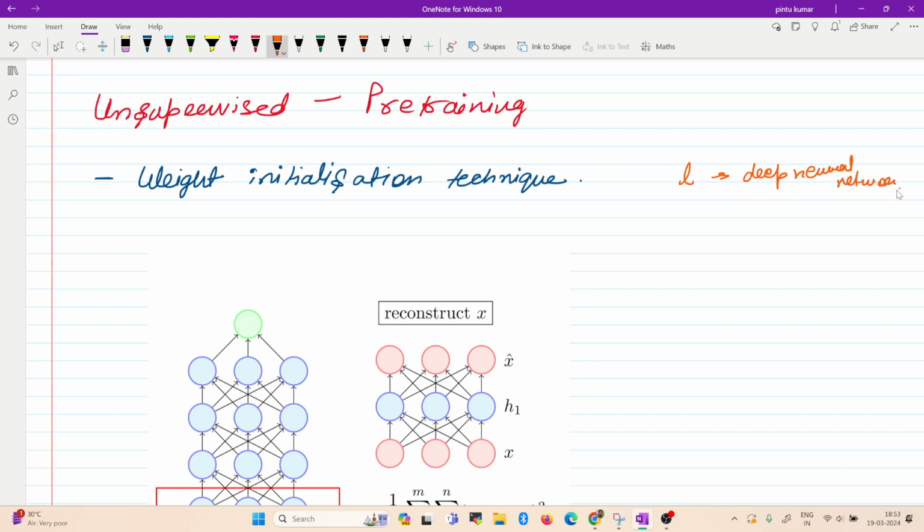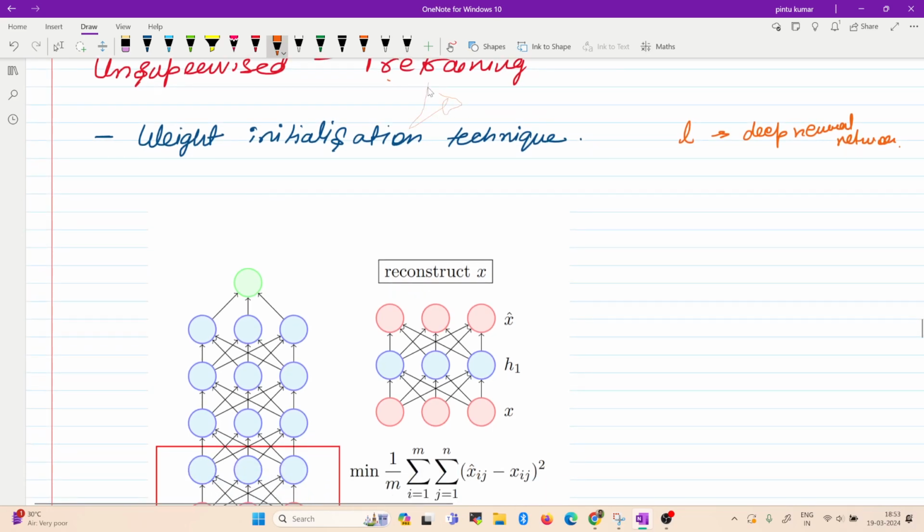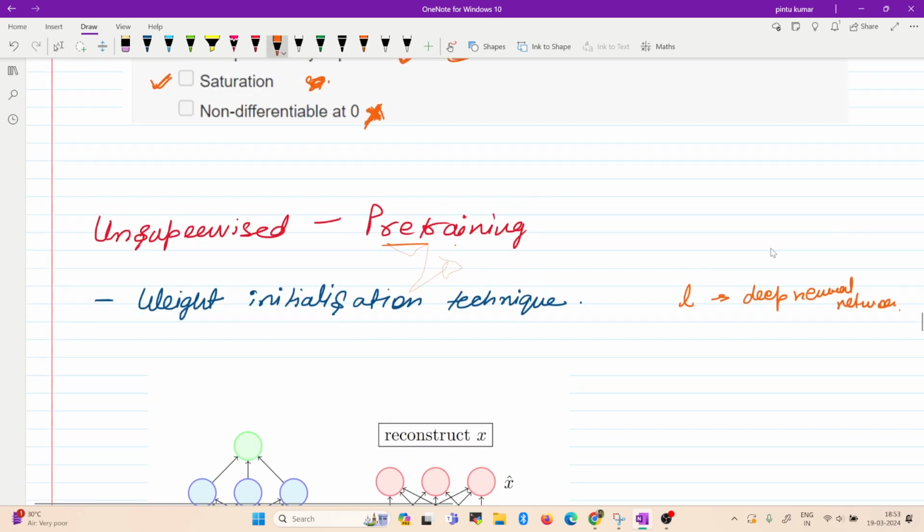It has a lot of valleys and a lot of local minima in it. So pre-training can be very useful in guiding your network or model to converge at the right place.